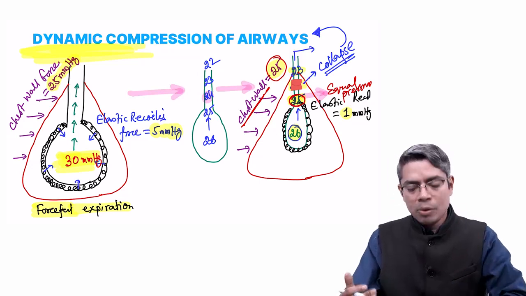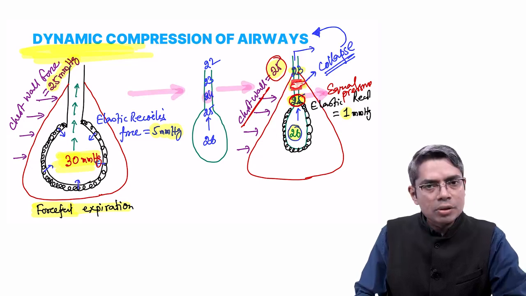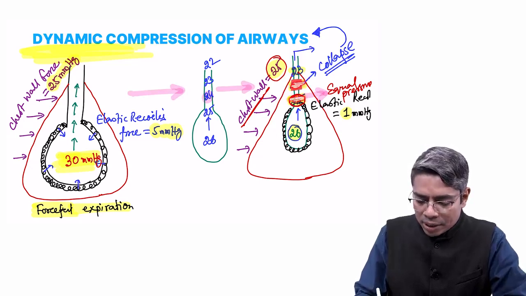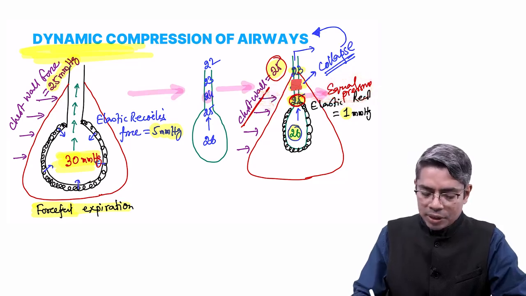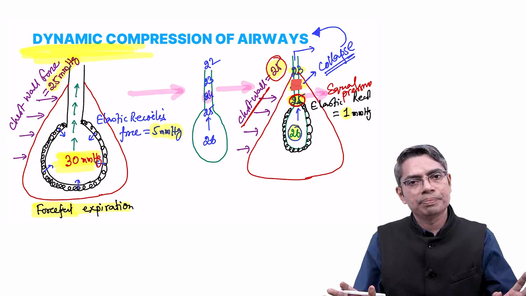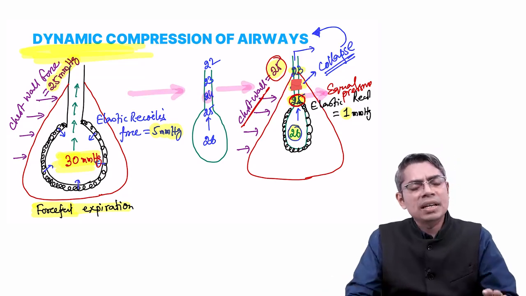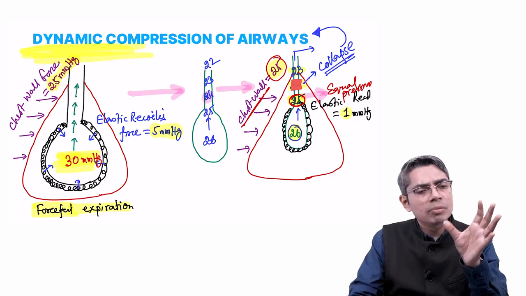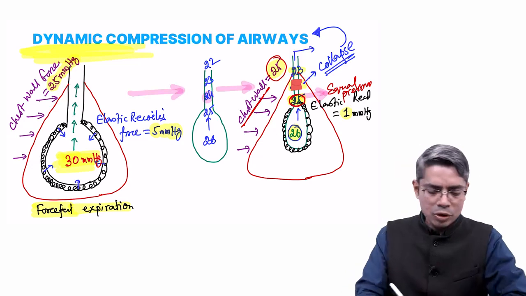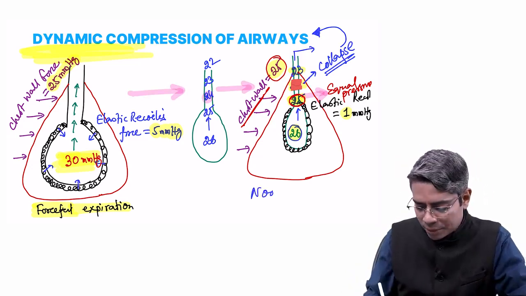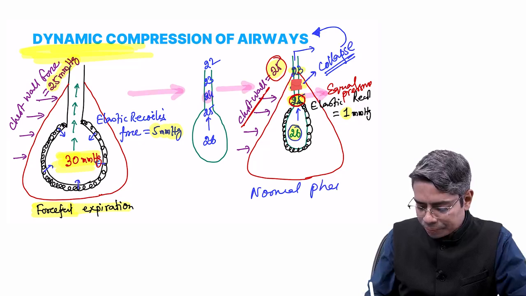The point where the bronchiolar pressure is equal to the outside pressure is the equal pressure point. Beyond this equal pressure point, there will be collapse of these bronchioles. This is a normal phenomenon, that there will be collapse of the bronchiole at the end of forceful expiration.